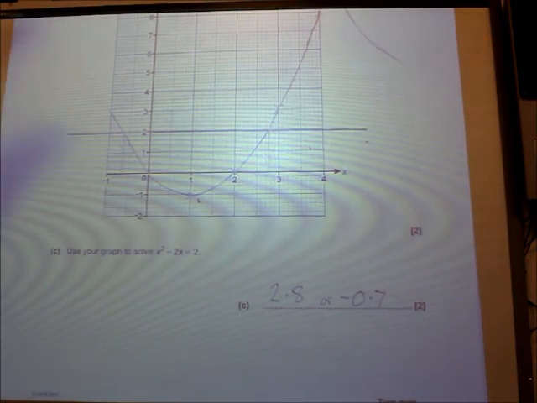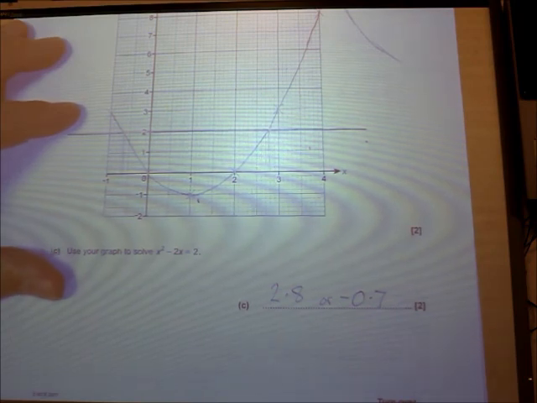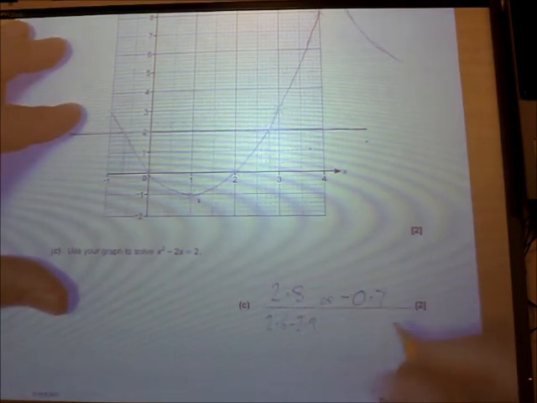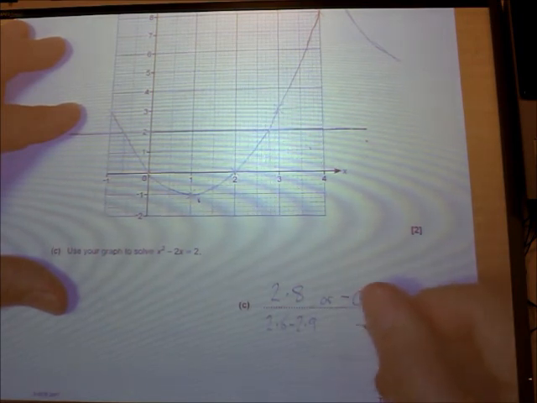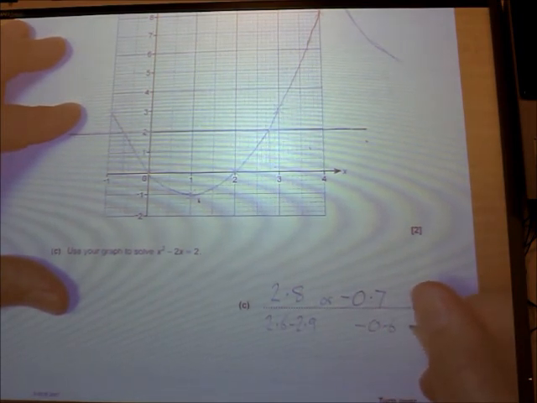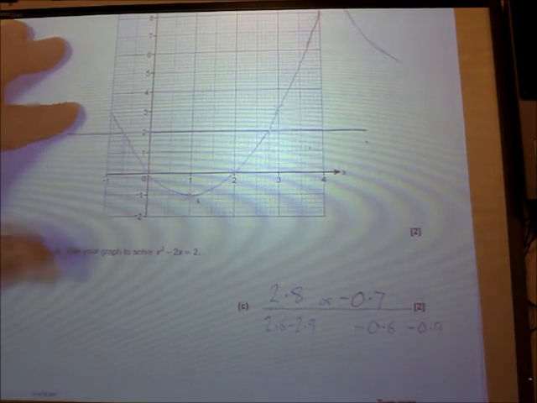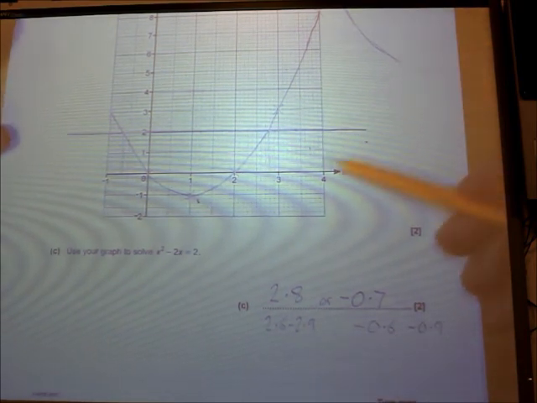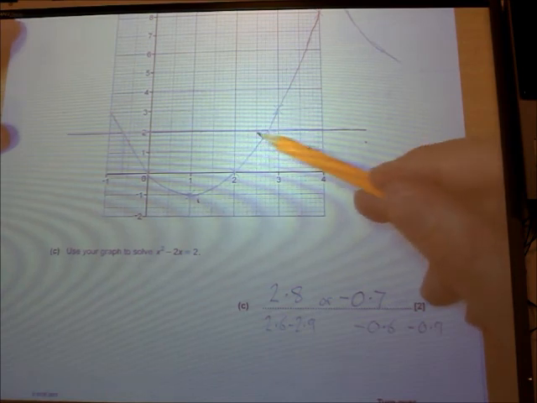The mark scheme says for this one they'll accept any answer between 2.6 to 2.9, and for this one they'll accept any answer from minus 0.6 to minus 0.9. So when you do it, as long as it falls within those boundaries, you will get the marks for it, but you must show what you're doing up here.